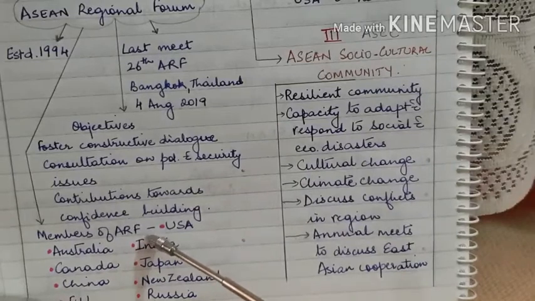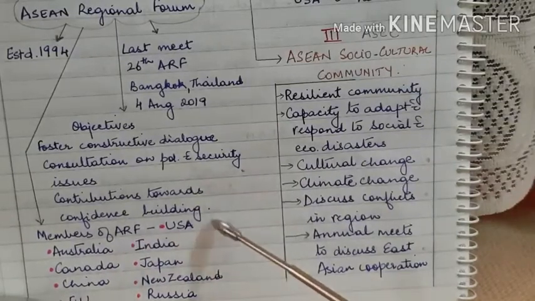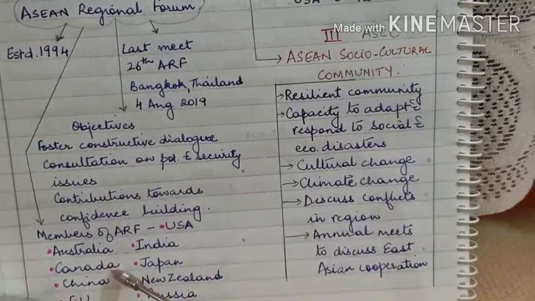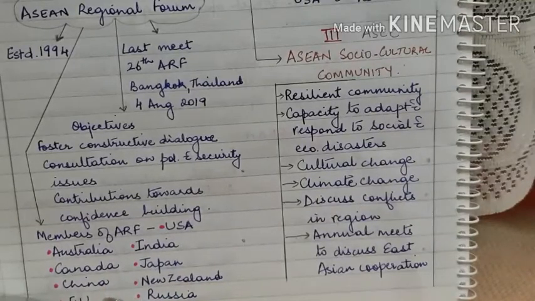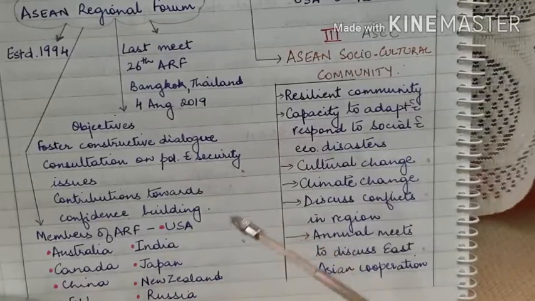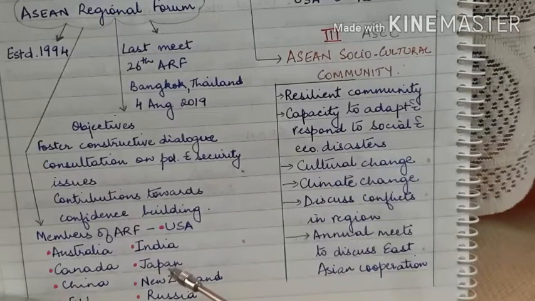Which were the members of ARF? The members of ARF are USA, Australia, Canada, China, EU, European Union, India, Japan, New Zealand and Russia. These member countries discussed major regional security issues such as transnational crimes, terrorism, developments in the South China Sea and the Korean Peninsula.